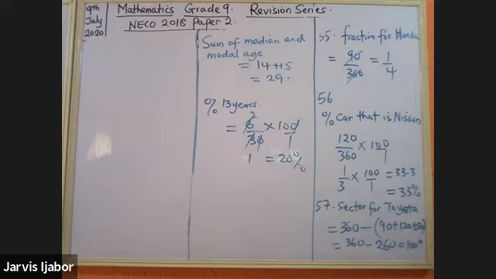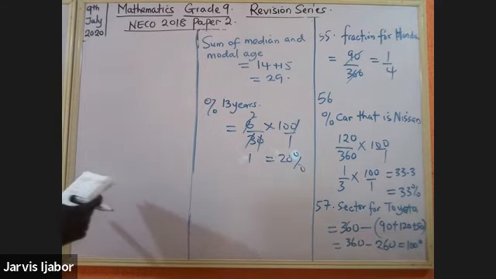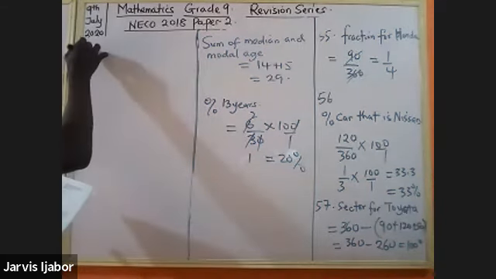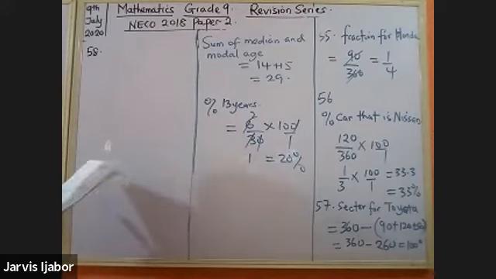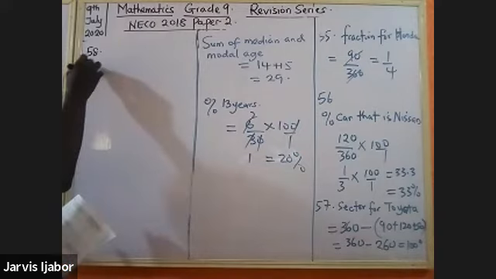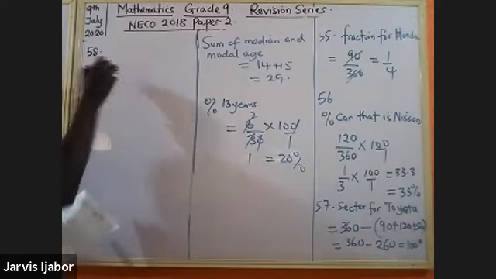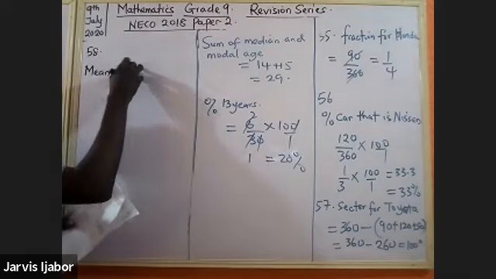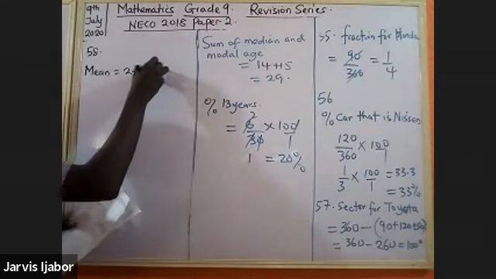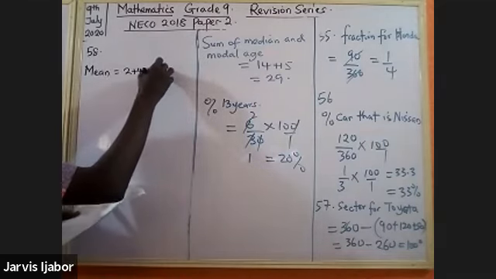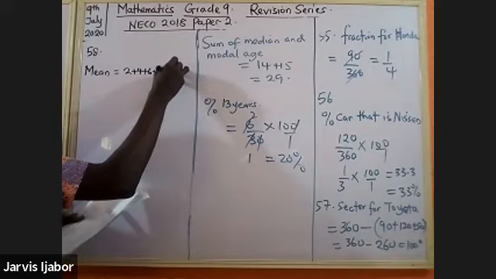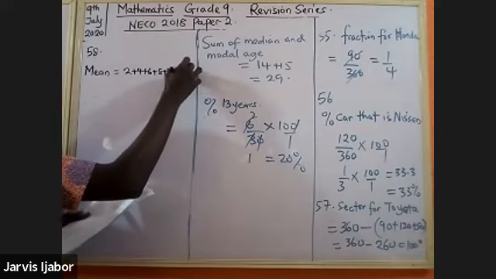Now, question 58. Find the difference between the range and the mean of these sets. So for the mean, what do you do? Add up the numbers: 2 plus 4 plus 6 plus 8 plus 9 plus 10 plus 11 plus 14.